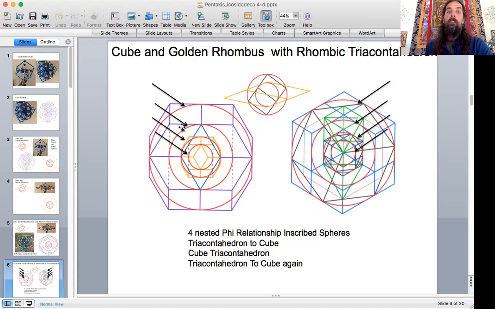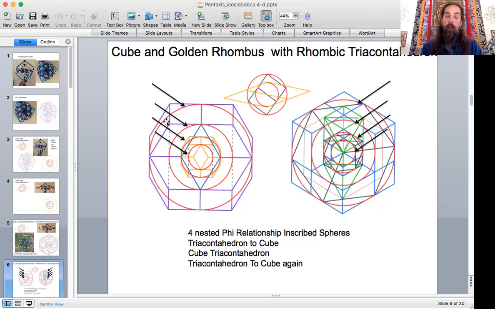So we have 1, 2, 3, 4 circles that are nested inside one another. And I can show it from this view as well. And there's the tree of life from the previous video of how it shows up in this pattern language of structural geometry within these forms. So the cool thing about this is that there isn't just any old relationship between these 4 nesting spheres. As you can see right here, these inscribed spheres are nested in a Phi relationship.